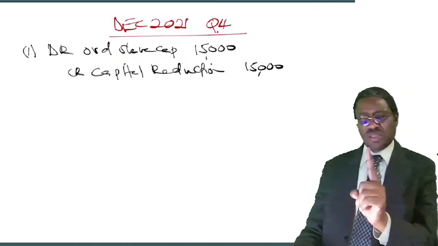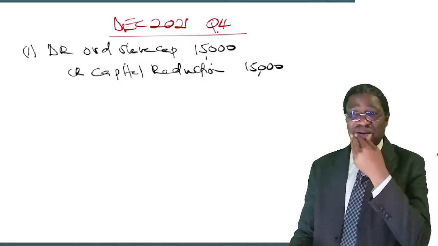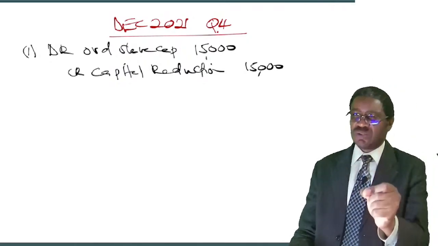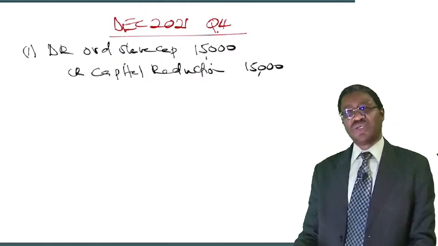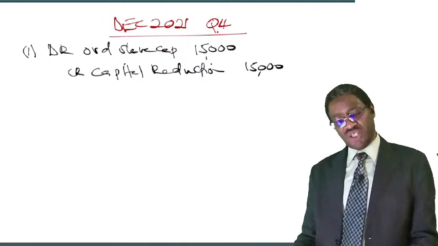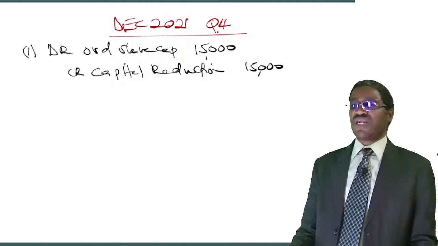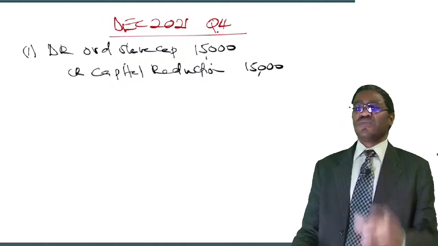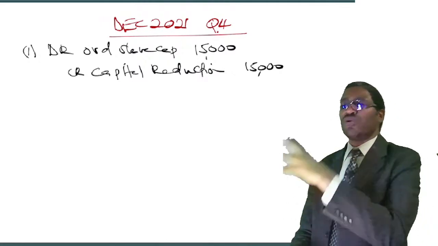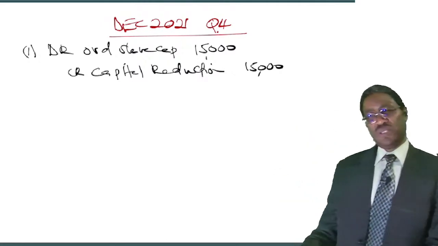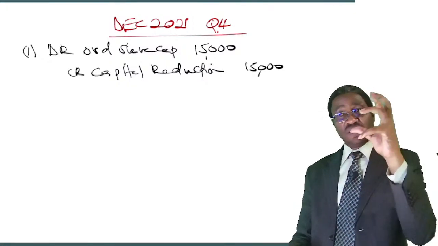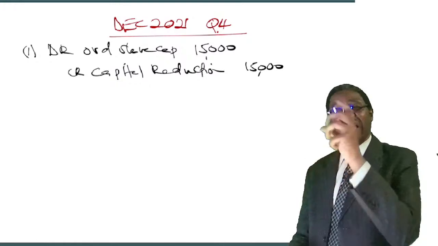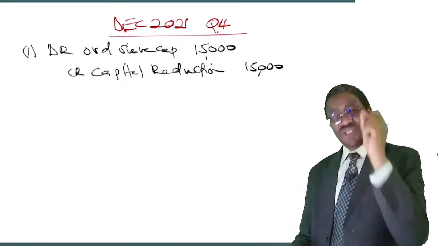Listen carefully. You know, for every journal there must be a narration. So you can put down the narration like this, as number one, the journal: being the amount written off on ordinary shares.